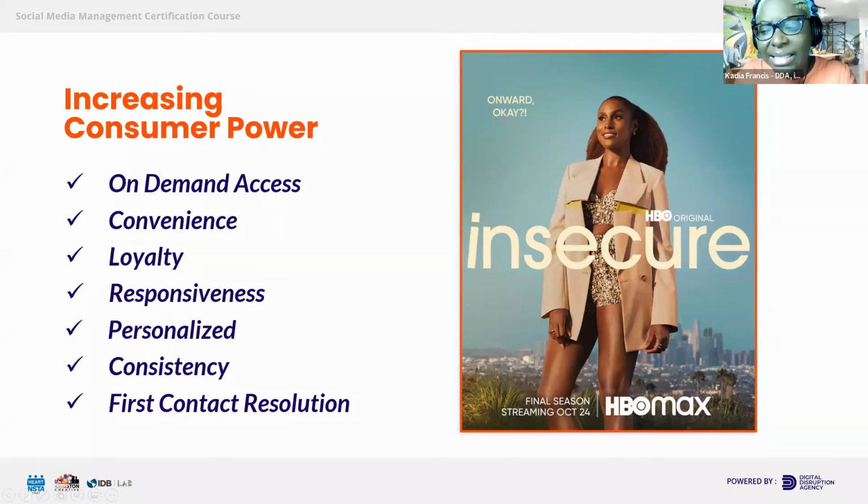And I know you guys see this Insecure post and you're going, why is Issa Rae on my screen?